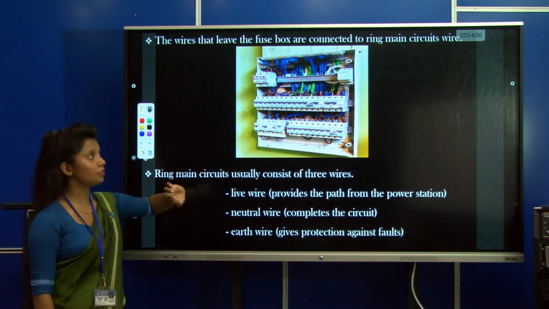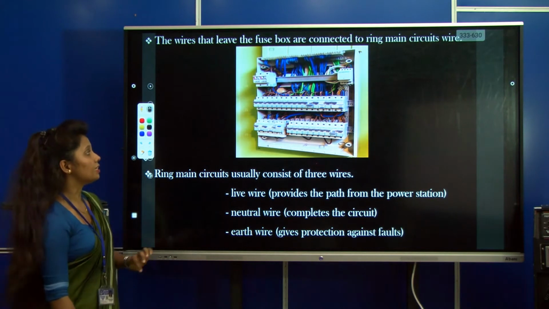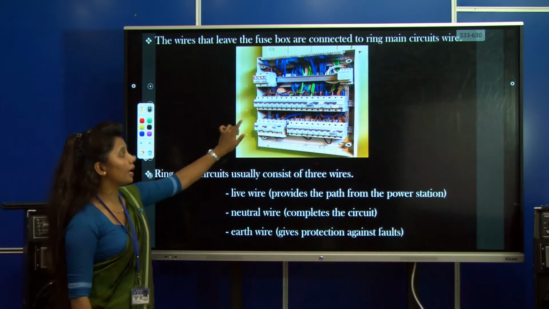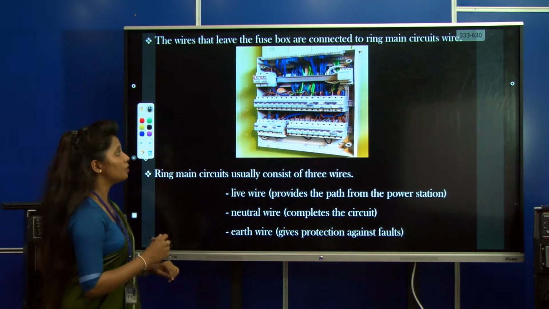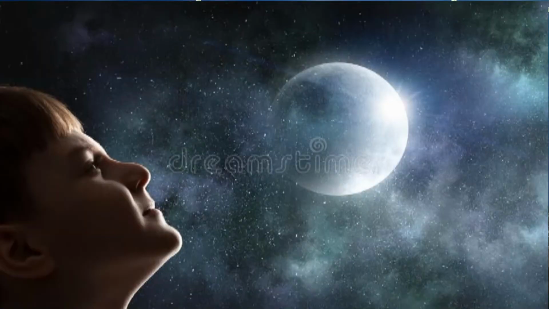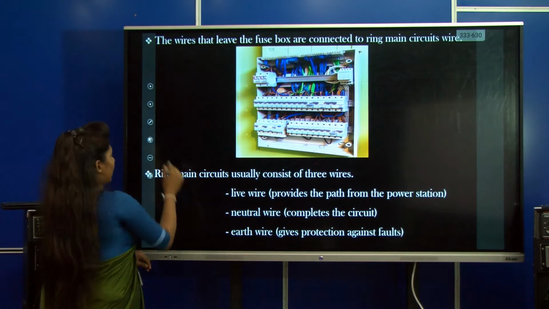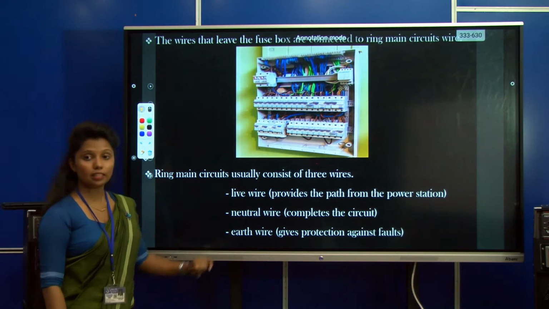Here I have shown a picture. This is called a ring main circuit. In this picture you can clearly identify three kinds of wires: a brown colored one, a blue colored one, and a green colored one. We can name these wires as live wire, neutral wire, and earth wire.